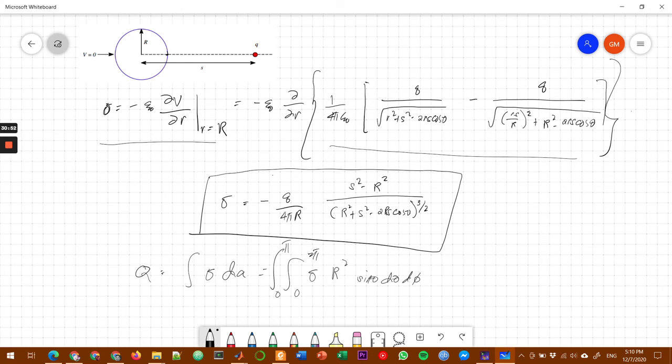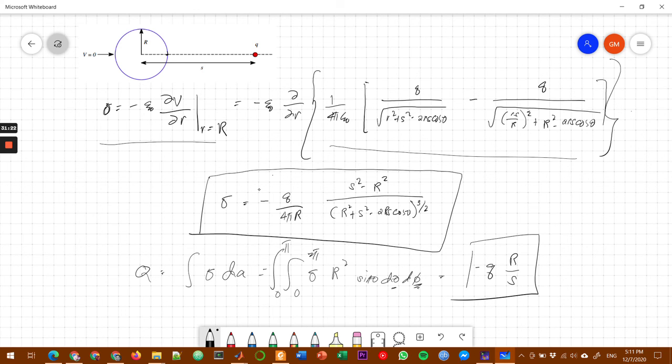The 0 to 2 pi is the limit for your phi, and the 0 to pi is for theta. Then if you substitute the expression for your sigma and evaluate the integral, you should be able to get, actually you can predict the total charge Q, which is actually the one we got earlier.